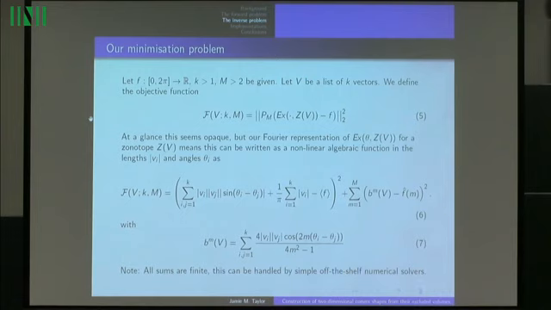Then we're going to be minimizing an objective function over lists of k vectors, so we really have 2k variables. And the objective function is going to be the L2 norm of the projection onto the first m Fourier coefficients of the difference between the excluded volume and f.